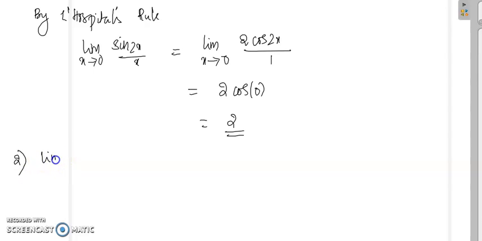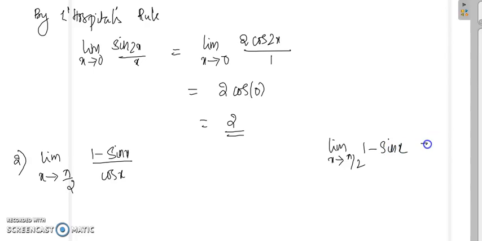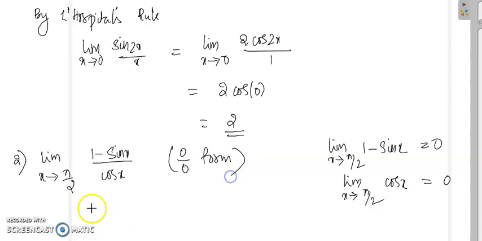And the second problem is limit x tends to pi by 2, 1 minus sin x by cos x. When you take limit x tends to pi by 2, 1 minus sin x, that is 0. Limit x tends to pi by 2, cos x is again 0. So this is in 0 by 0 form. So by L'Hospital rule, that will be equal to limit x tends to pi by 2.